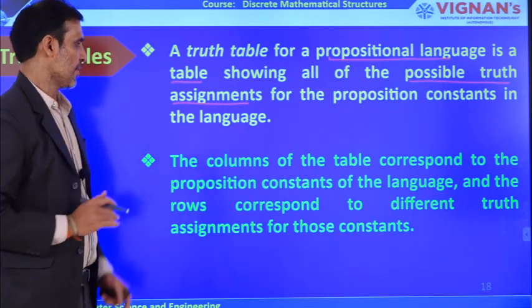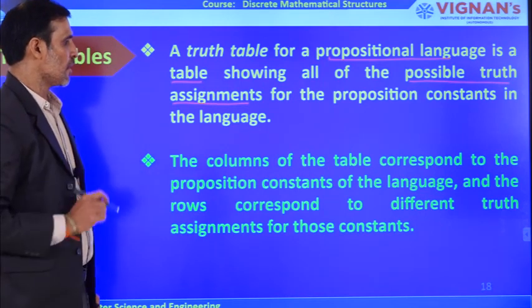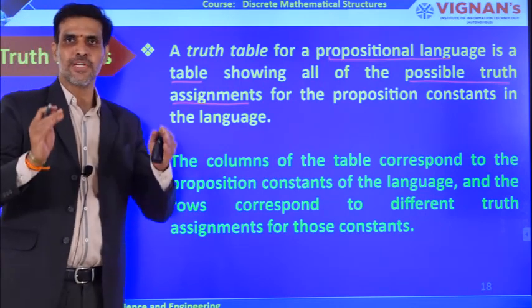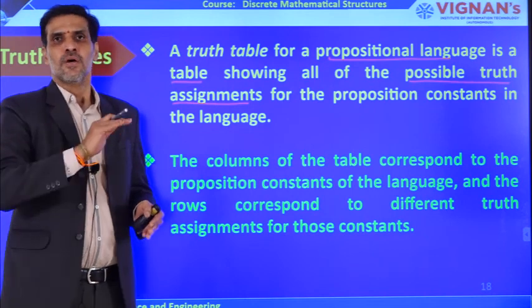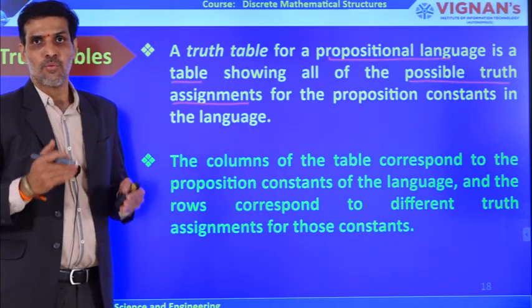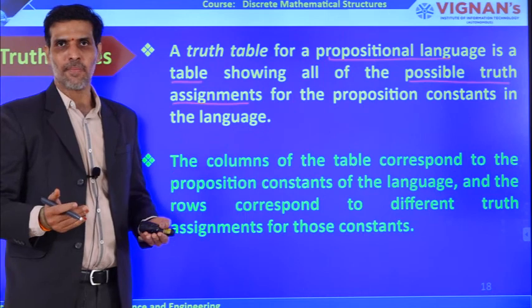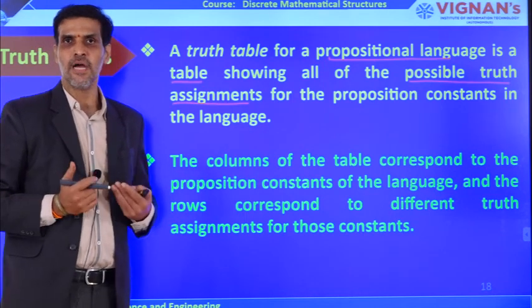This is very important. So, how do we represent the truth table? The truth table can be represented with rows and columns. What are we going to take in the columns and what in the rows?